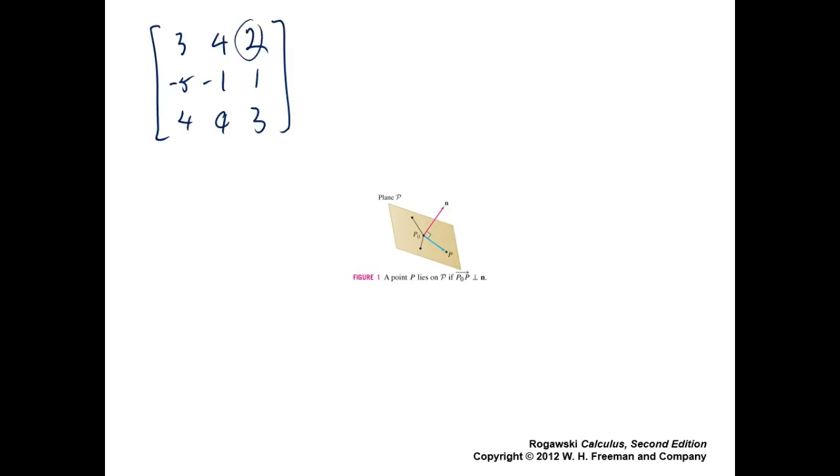The minor for it means wipe out that row and that column, and it's the matrix that's left. But it didn't ask for the determinant of it, I don't think. The minor would be this matrix here: -5, -1, 4, 0. That's what I understand by the minor.